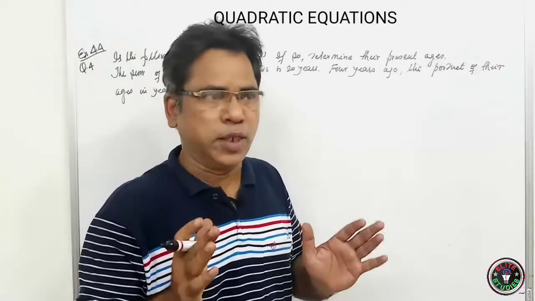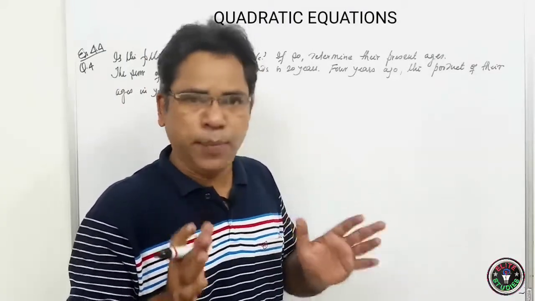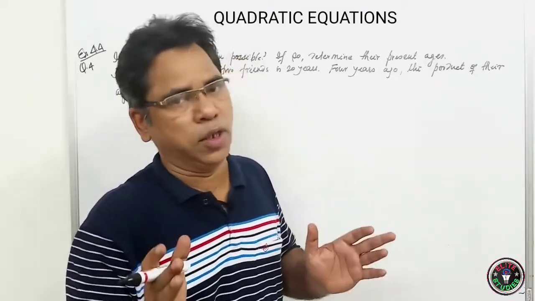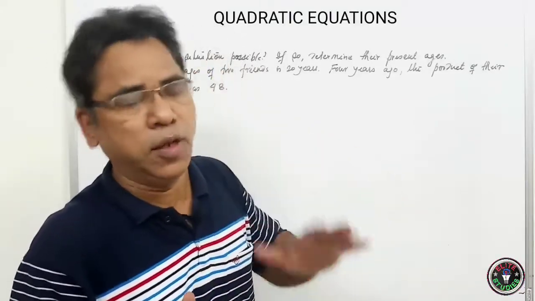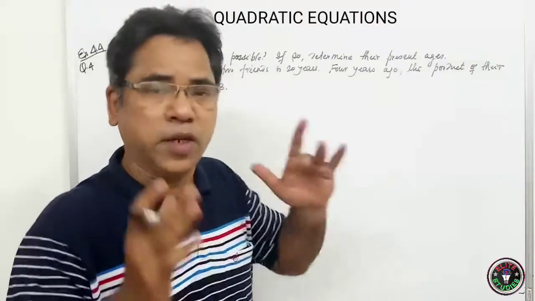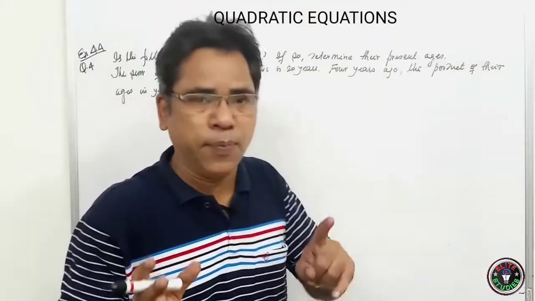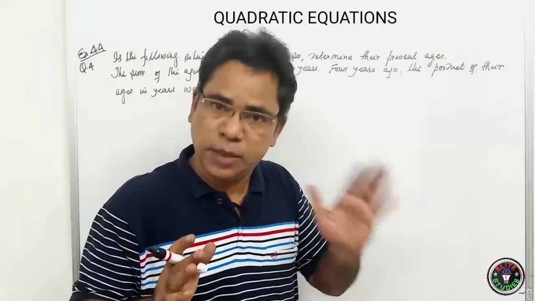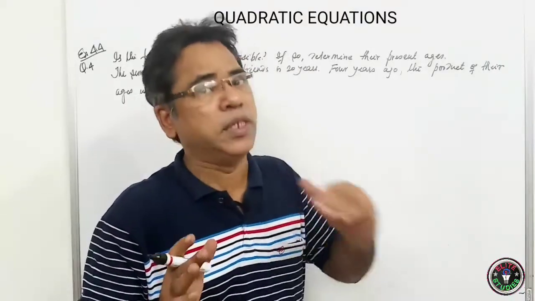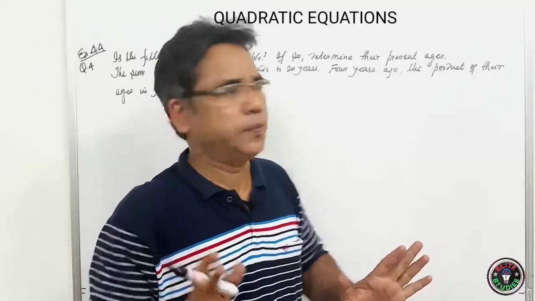After framing the equation, no need to solve it. We have to see whether b square minus 4ac is greater than or equal to 0 or not. If it is equal to or greater than 0, then it is possible. If it is less than 0, it is not possible. Again, I will repeat, if b square minus 4ac comes out to be 0 or greater than 0, it is possible. If it is negative, then it is not possible.